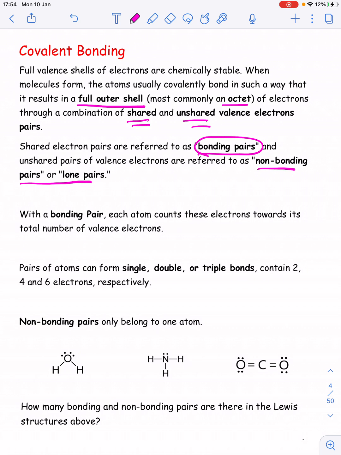By sharing electrons together, each atom feels like it owns those electrons to an extent, and it can end up with a noble gas electron configuration, which we've seen before is a very stable configuration. So pretty much everything ends up covalently bonding to achieve the feeling of that full outer shell noble gas configuration.